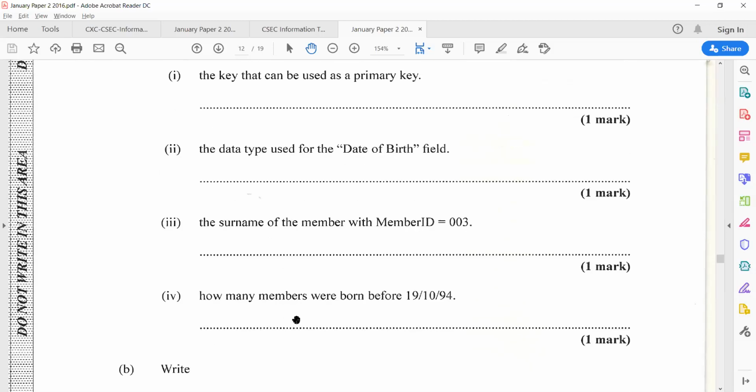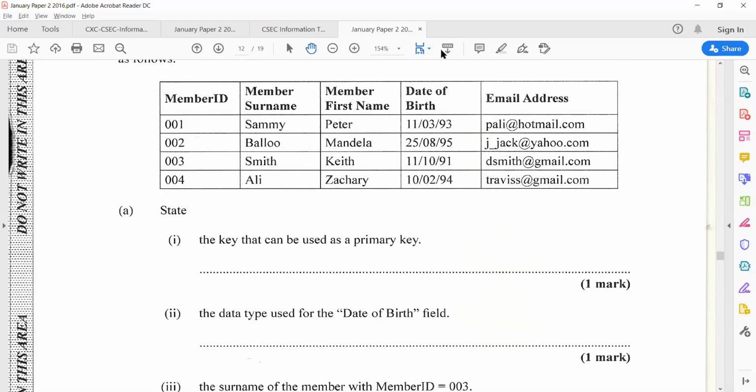Right. How many members were born before the 19th of October, 1994? All right, so 19th of October, 1994. How many persons were born before then?